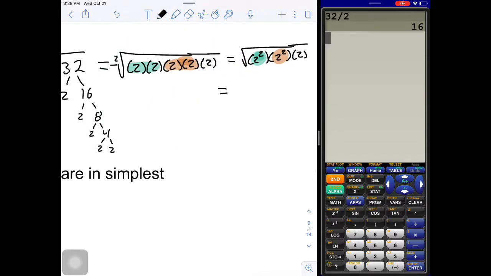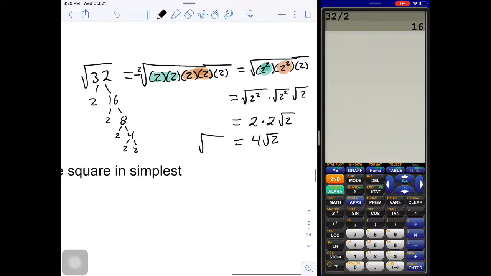Okay, and then I can use my product rule. So this will become 2 squared times root 2 squared times root 2. Our square root cancels out this square, so this becomes 2 times root 2. So that will be 2 times 2 is 4, root 2. So this is the simplified version of square root 32.